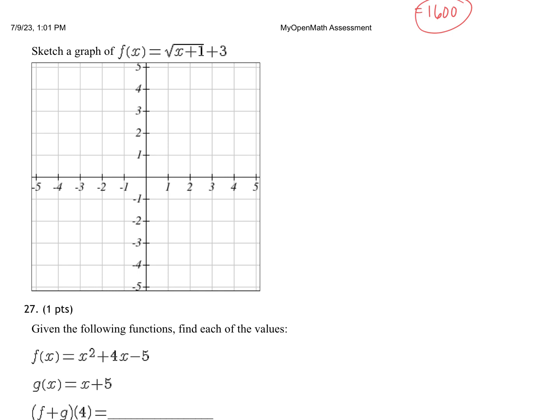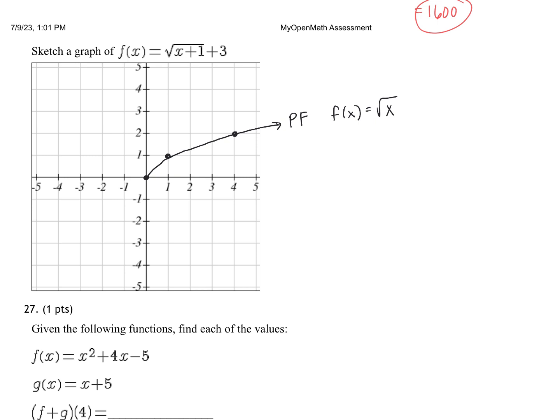26, sketch a graph. So here, what you're trying to do is use the parent function, and then use the transformations. So the parent function, our points were (0, 0), (1, 1), and (4, 2). So here's our parent function. Remember, the parent function is f of x equals the square root of x.